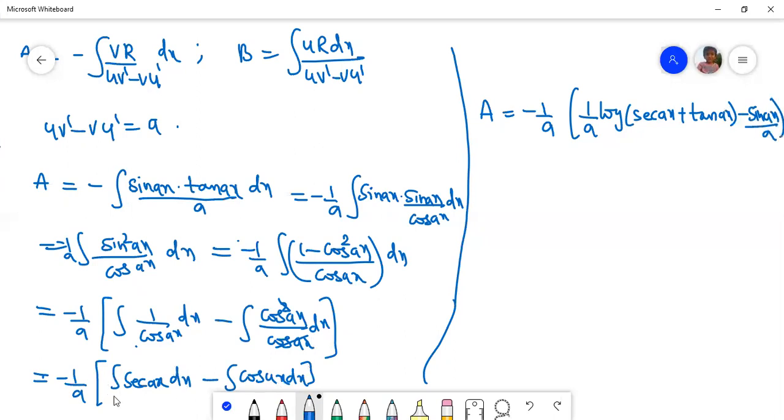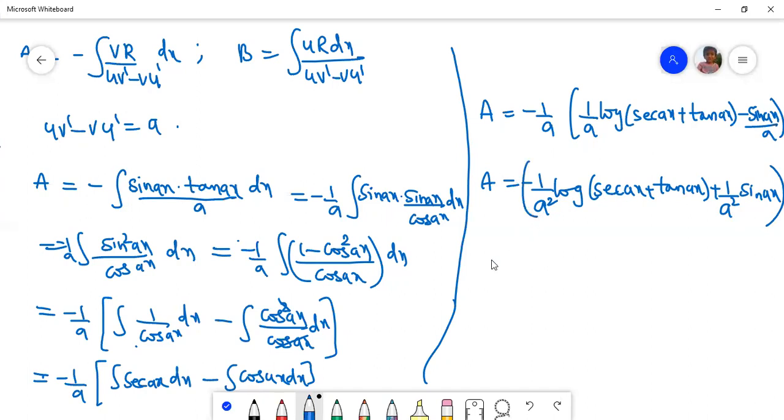Just here, don't confuse about the integral of secant ax. You remember that one. Then a equal to minus 1 by a square log of secant ax plus tan ax, minus into minus, plus 1 by a into a square sin ax.